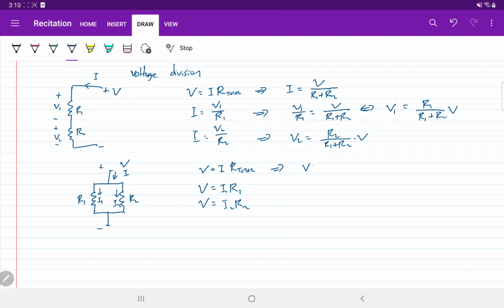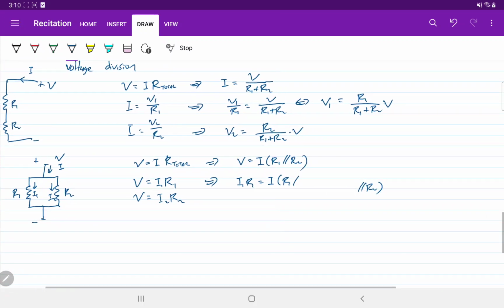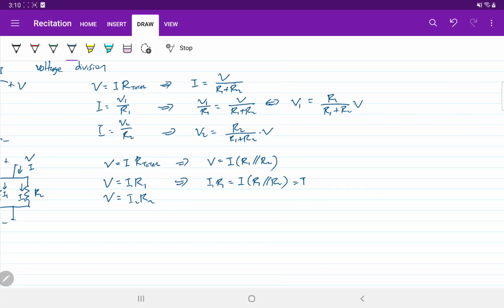We have V is I times the total resistance, right, with R1 parallel with R2. Alright, so this voltage is the same as this one, so I1 R1 is I times R1 parallel R2, but R1 parallel R2 is what? It is R1 R2 over R1 plus R2.